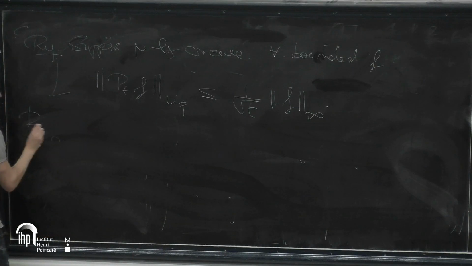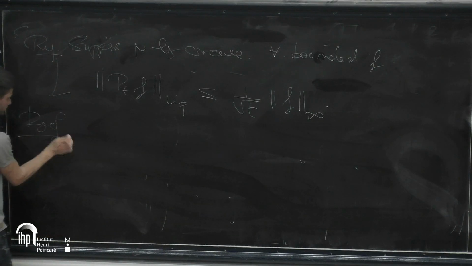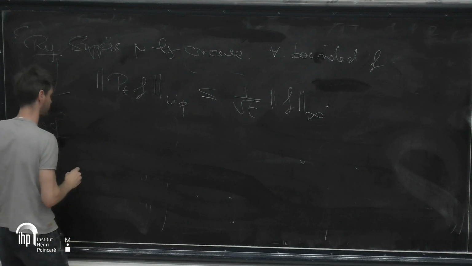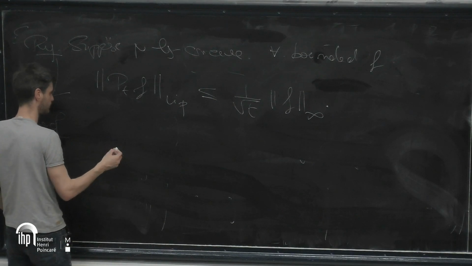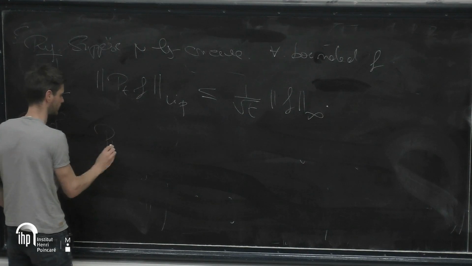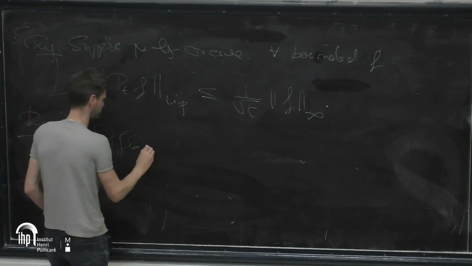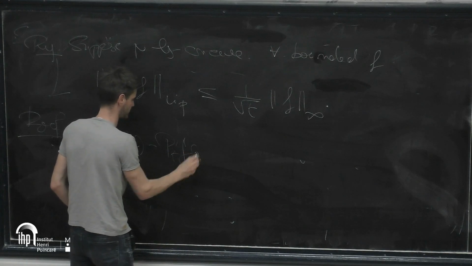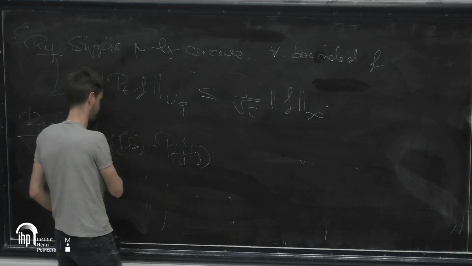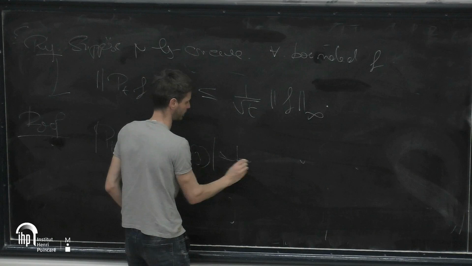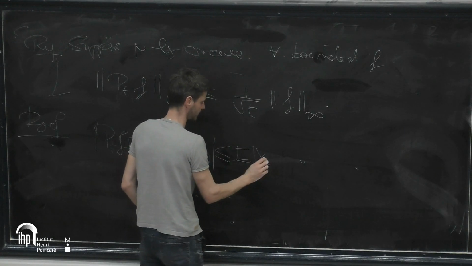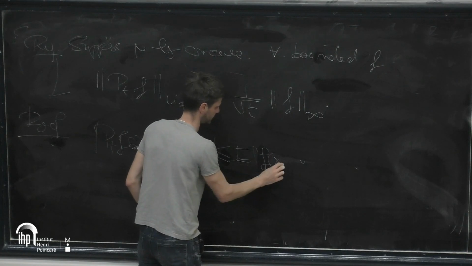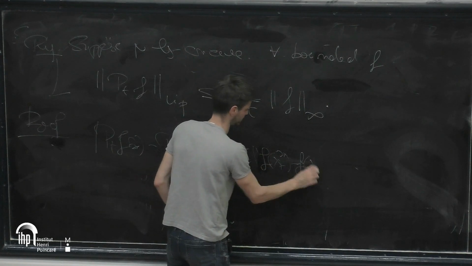Okay, so proof. So how does it work? So again, let's use some coupling argument. So I will use PtF of x minus PtF of y. So it's smaller than expectation of f at Xt^x minus f at Xt^y.